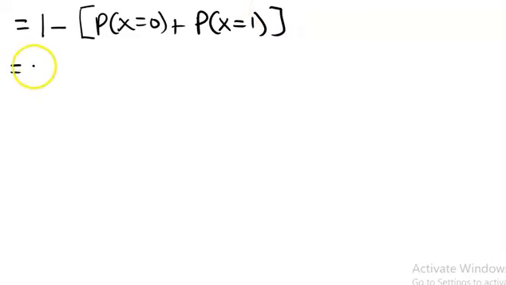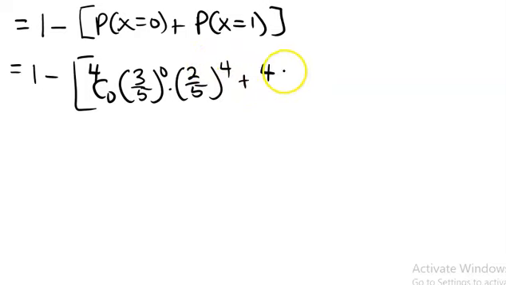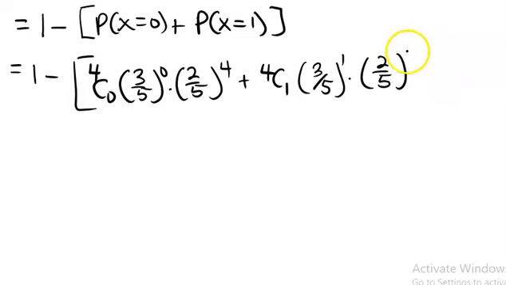So which is 1 minus 4C0, 3 out of 5 to the power 0 times 2 out of 5 to the power 4, plus 4C1 times 3 over 5 to the power 1 times 2 over 5 to the power 3.